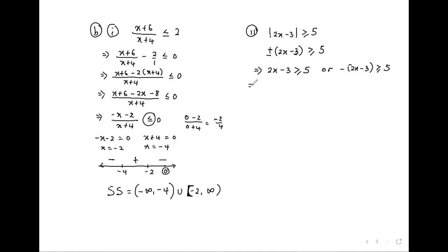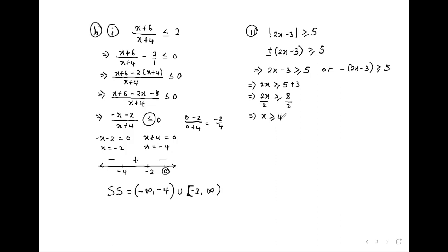So you have 2x is greater or equal to 5 plus 3, that is 2x greater or equal to 8. Divide by 2, so you get x is greater or equal to 4.